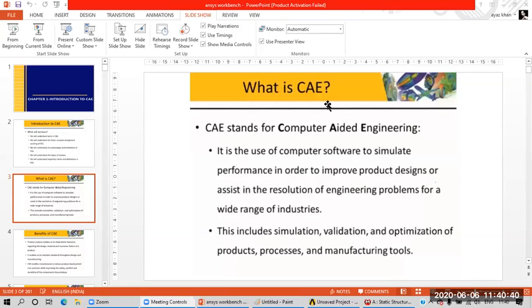What is the optimization of product? Optimization of product. Okay, optimization in what way? You have used the word optimization.